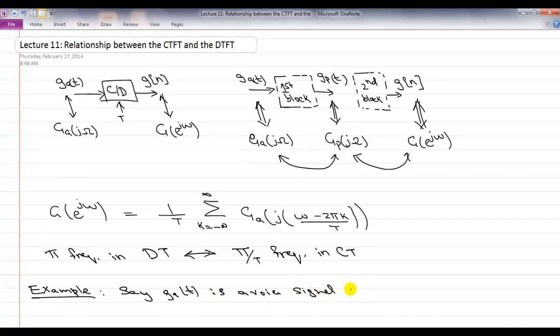And then you pass it through an anti-aliasing filter with cutoff of 4 kilohertz.